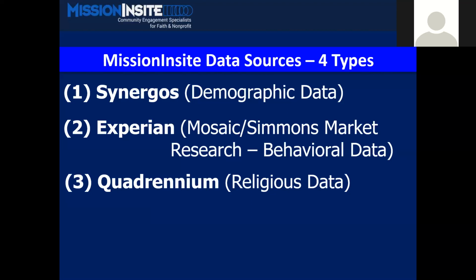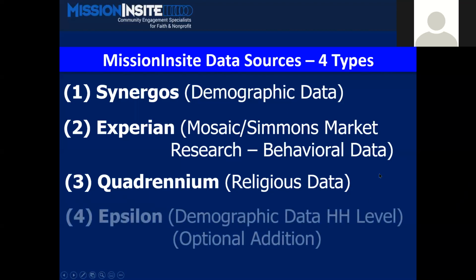So Quadrennium is a research project done by MissionInsite. We did our first project in 2012 and updated that database in 2017 at the end of the year. So it is the current data.